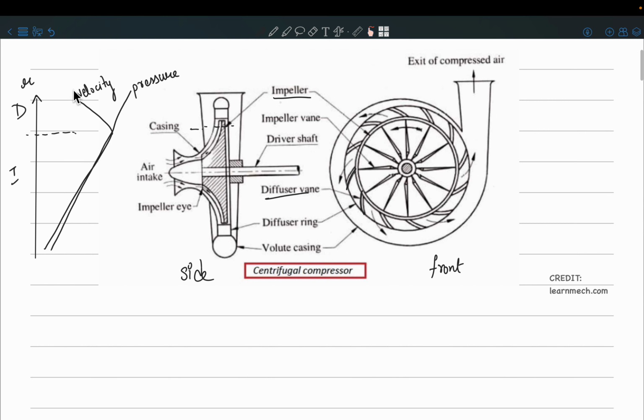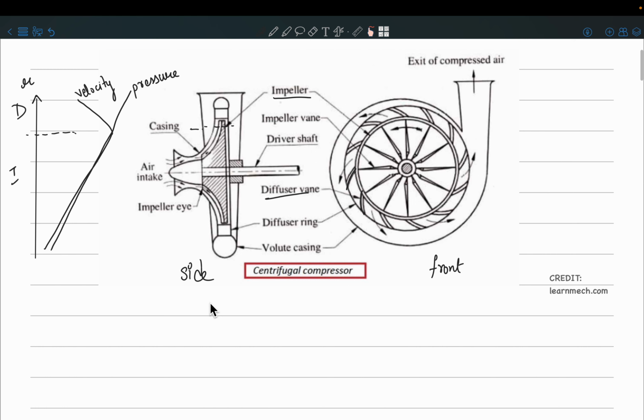That is why the kinetic energy will decrease in the diffuser. But in the impeller, you are adding work, so that goes into increasing the kinetic energy and also the pressure energy. And why do you need to increase the kinetic energy in the impeller? So that once it exits the impeller, the kinetic energy will decrease dramatically in the diffuser and hence increase the pressure energy further. Is this part clear?